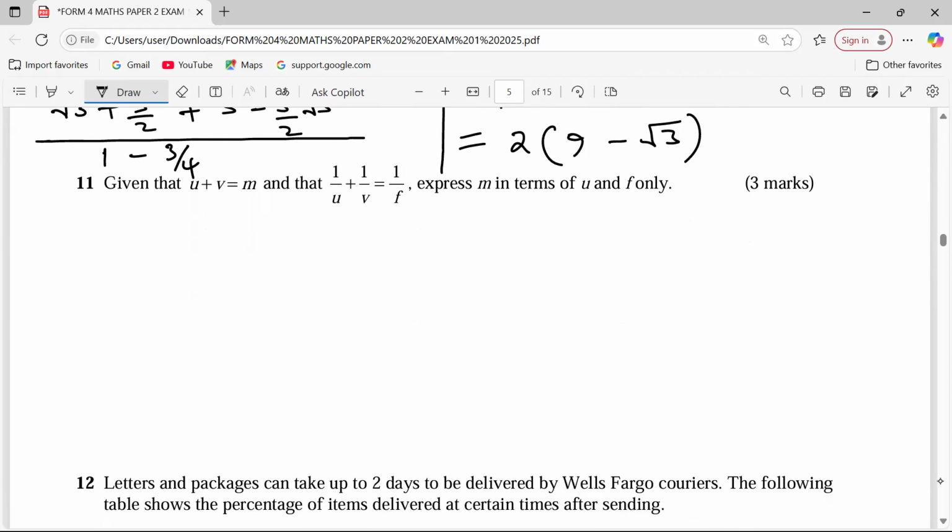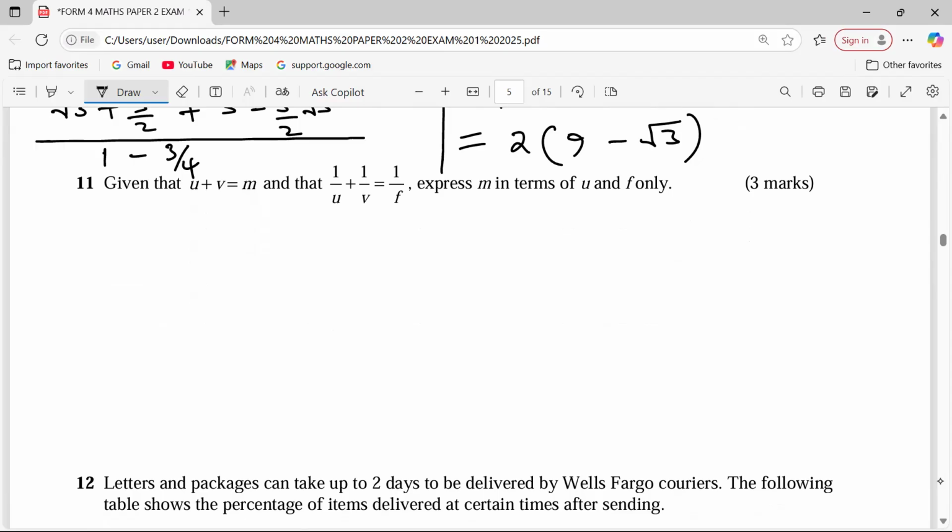Number 11. Given that u plus v equals m, and that 1 over u plus 1 over v equals 1 over f, express m in terms of u and f only.